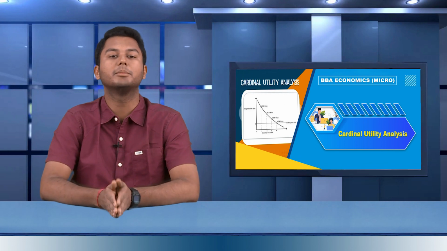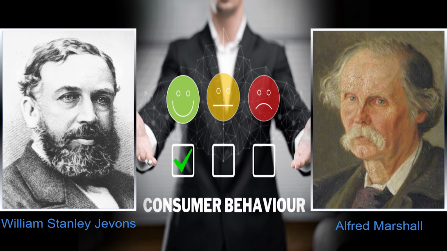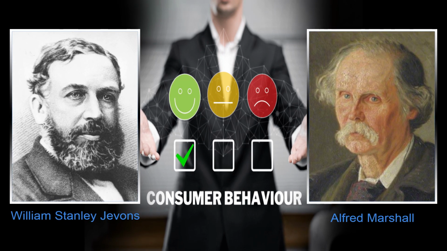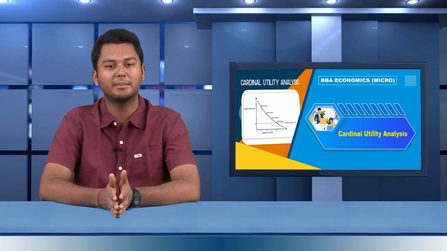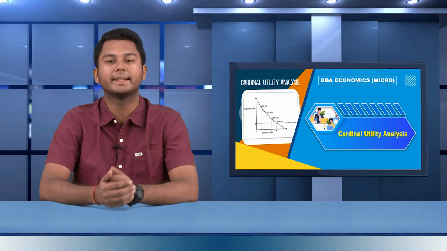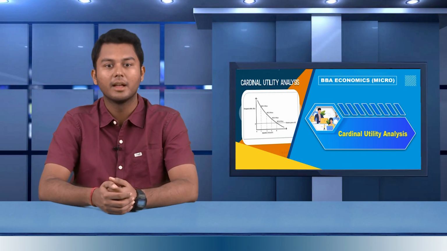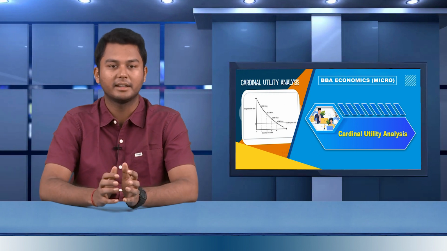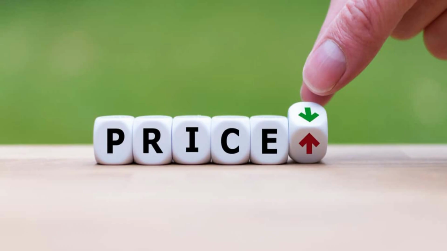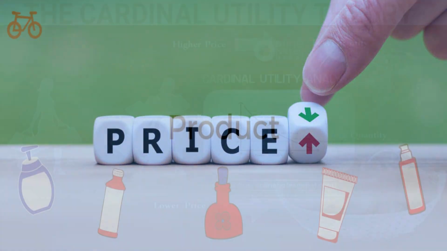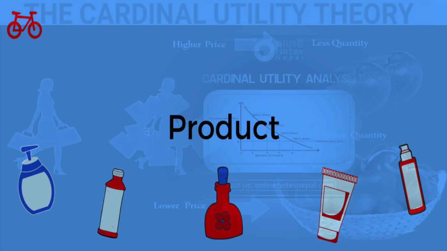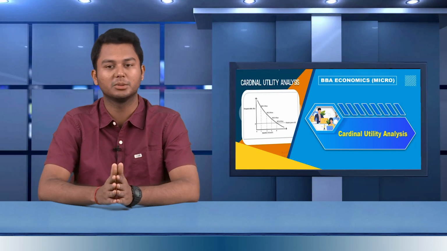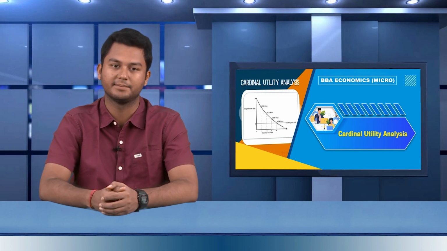Later, economists like William Stanley Jevons and Alfred Marshall developed these ideas further, creating mathematical frameworks to analyze consumer behavior. Utility theory helps explain why people make trade-offs, why they are willing to pay certain prices, and how they decide between different products. It forms the foundation of modern consumer economics and business strategy.